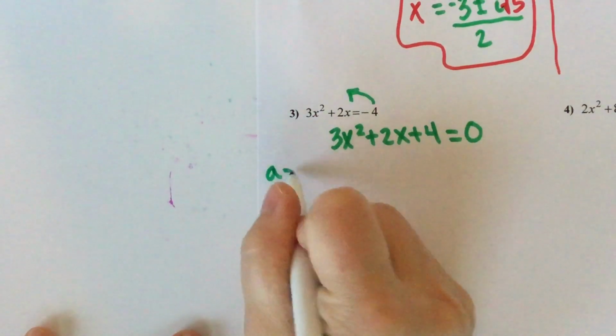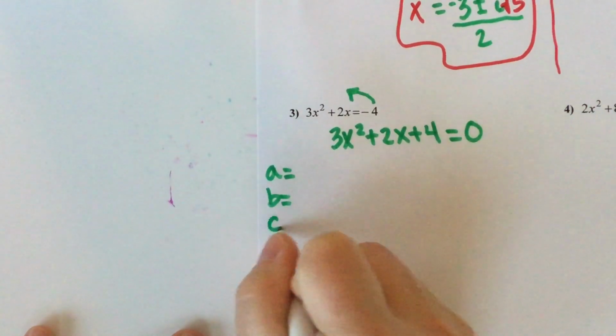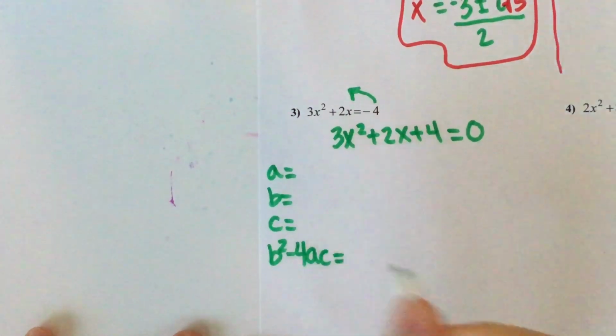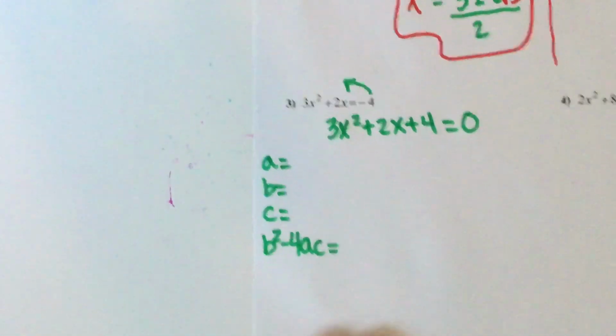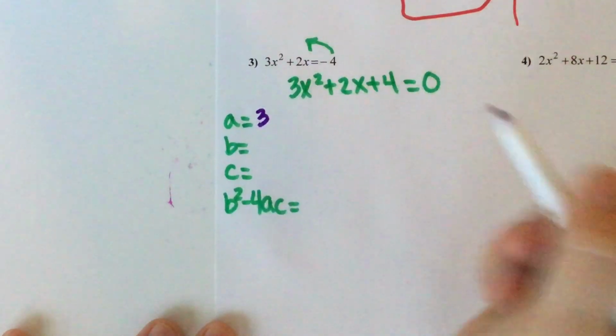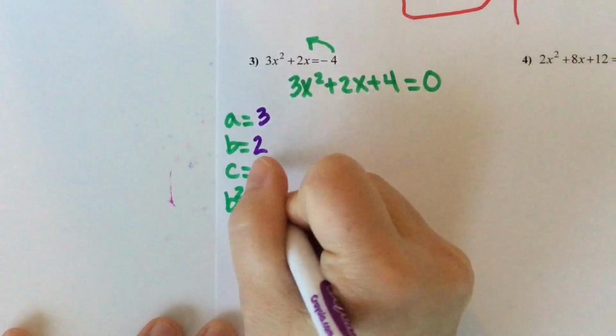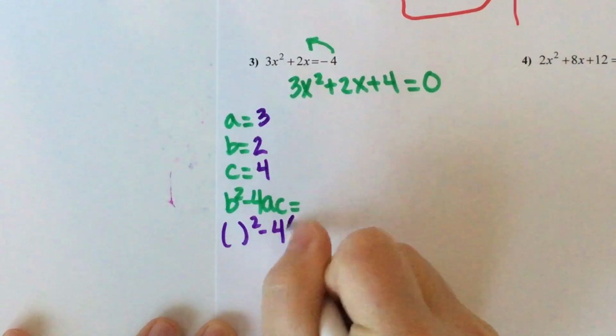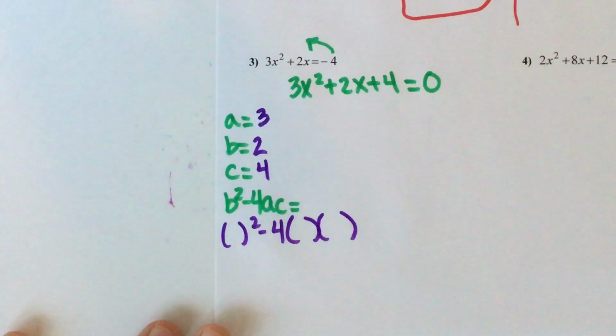Okay, so off to the side, I want to find a, b, c, and b squared minus 4ac. So a is a 3, b is a 2, c is a 4. Okay, and then I need to calculate my discriminant, my b squared minus 4ac.